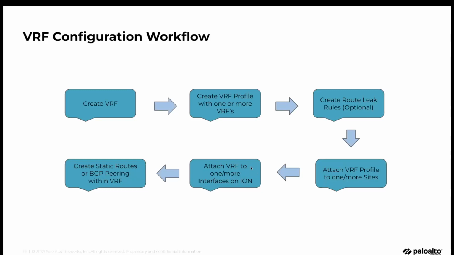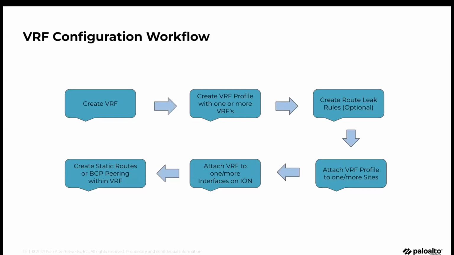And then at the device level for those sites on the ION appliance, you will assign the VRF to interfaces. So it could be interface, sub-interface. So basically you are defining which interfaces belong to which VRF on your branch ION appliance. And then you can either do static routes within a VRF, or you can do BGP peering within the VRF. So basically, we are doing BGP within the VRF for exchanging routes with your upstream or downstream devices.